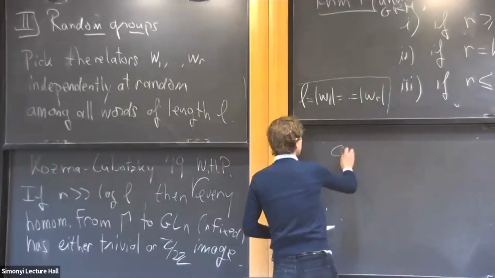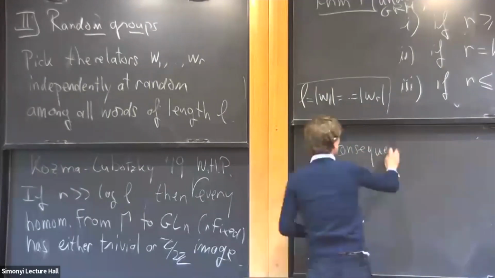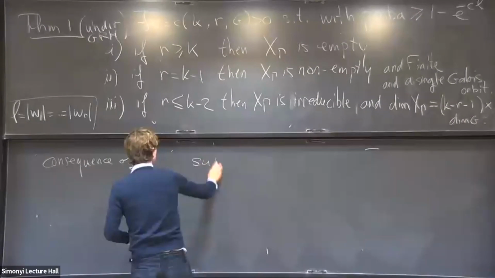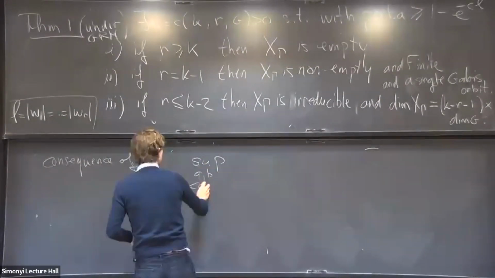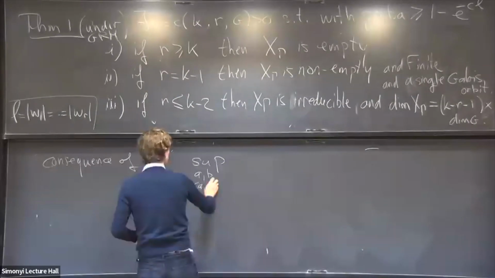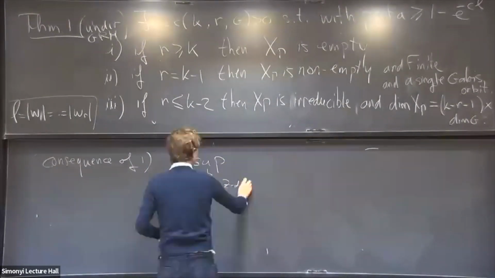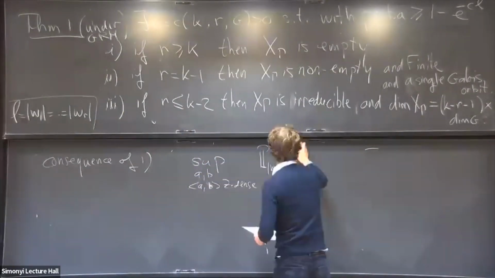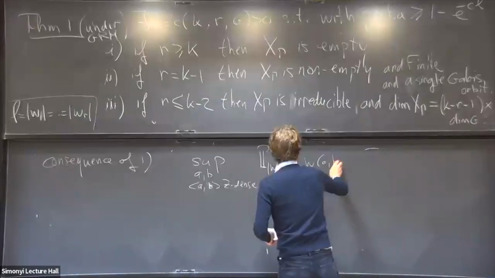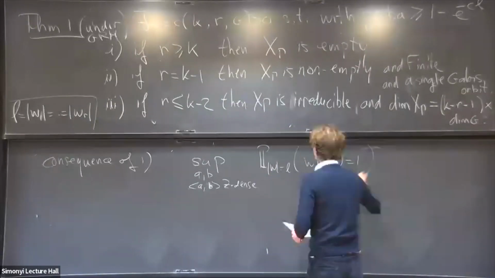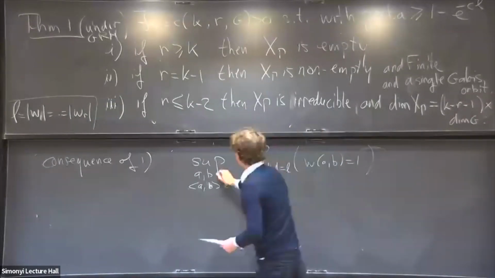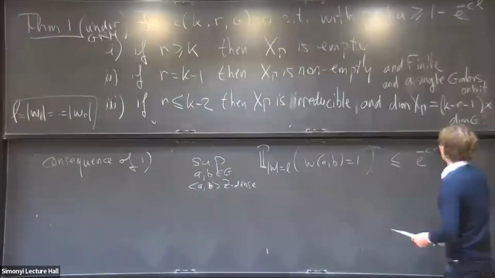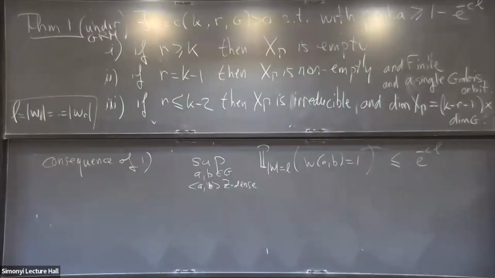So a consequence here is that for all pairs a and b that generate a dense subgroup, the probability that a random word of length L vanishes decays exponentially fast, and the C here does not depend on a and b.